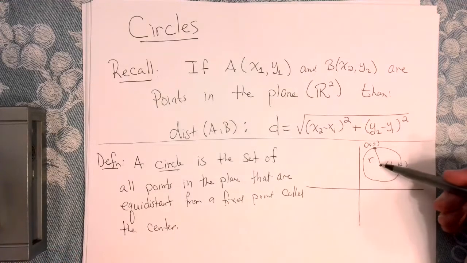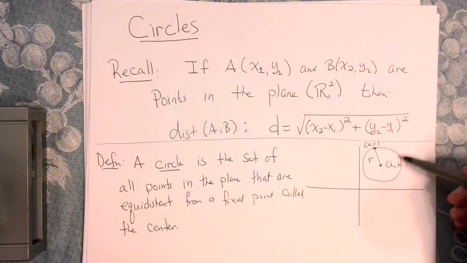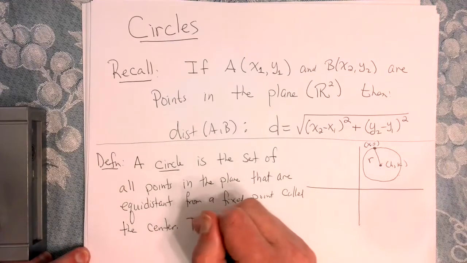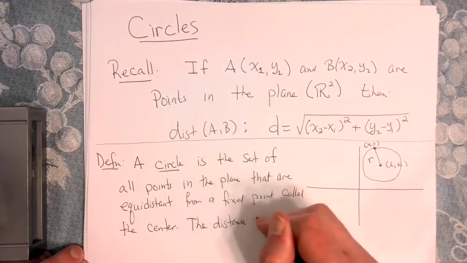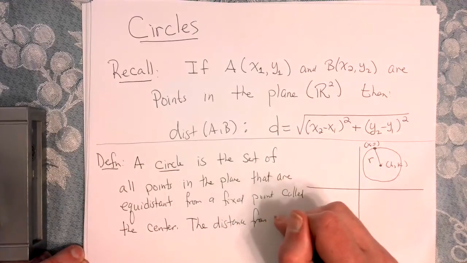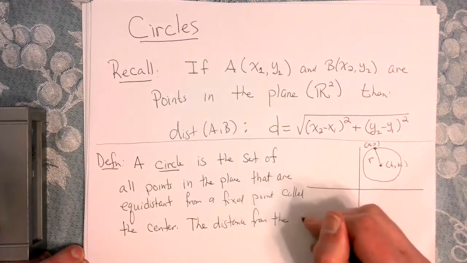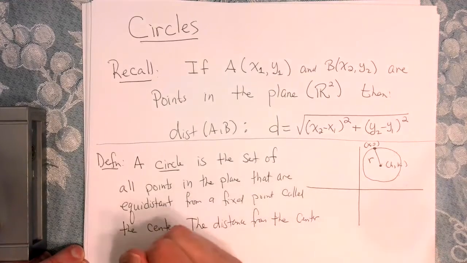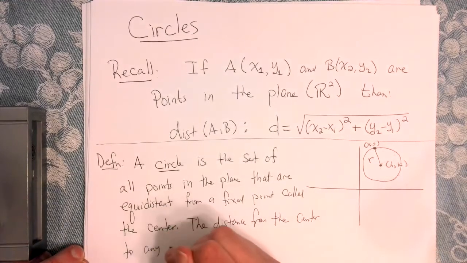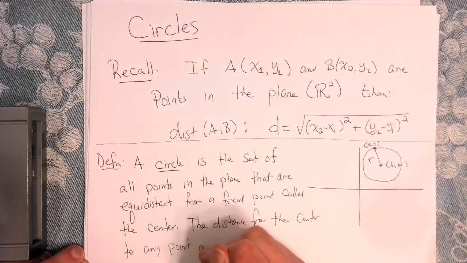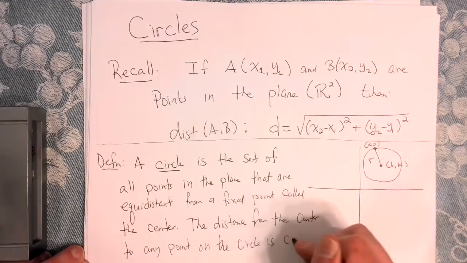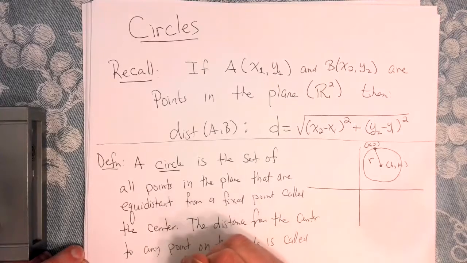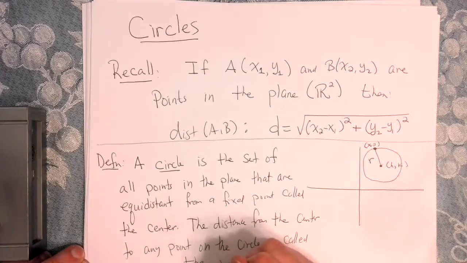And the fixed distance from the center to any point on the circle is called the radius.